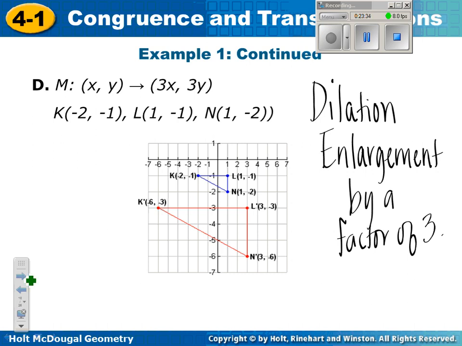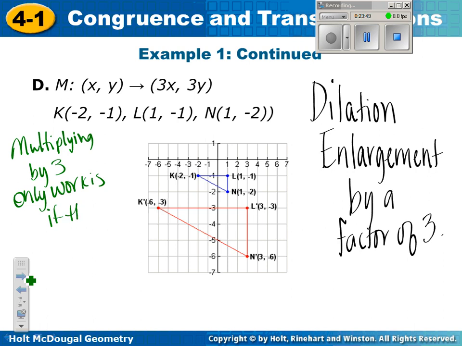Now, that only works if the center is at the origin. I'm going to say that again. Multiplying by 3 only works if the center is the origin.